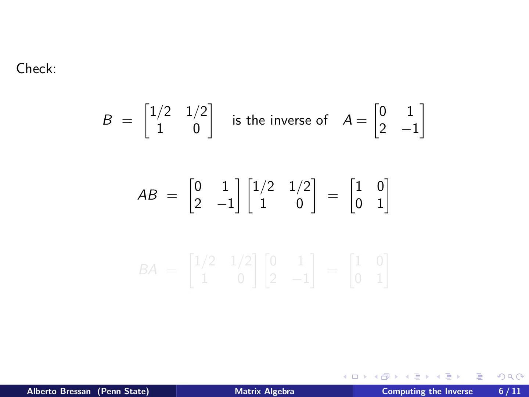The first row, first column gives me 1, and first row, second column gives me 0, and you can easily verify it is the identity. You can also check that B times A, where B is here and A is here, carrying out this product, you easily reach also the identity matrix. So B is the inverse of A.